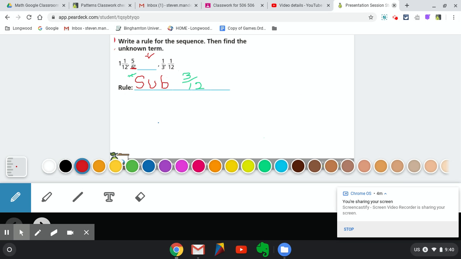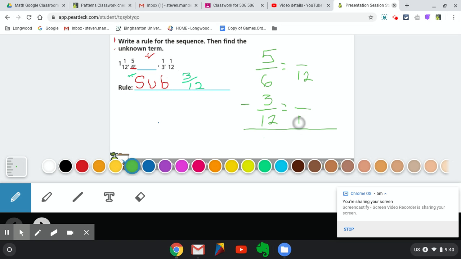We're going to do that to the number that comes before the blank. So we're looking for this number in the sequence here. So that means I'm going to do the rule to 5/6 because that number comes before that blank. So I'm going to do the rule, which is subtract 3/12 from 5/6.